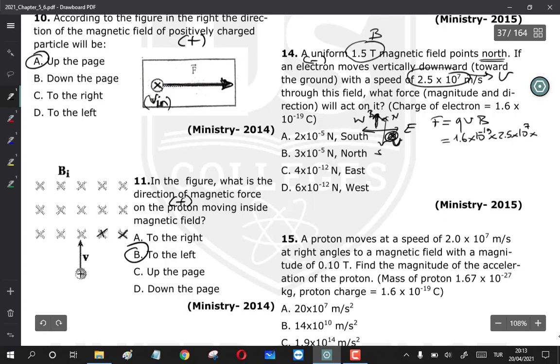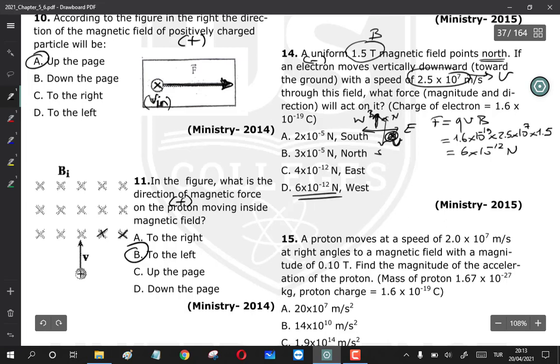B is 1.5 Tesla. Now let's multiply them all: 1.6 times 10 to the power of negative 19 times 2.5 times 10 to the power of 7 times 1.5 equals 6 times 10 to the power of negative 12. So the force is 6 times 10 to the power of negative 12 newtons.